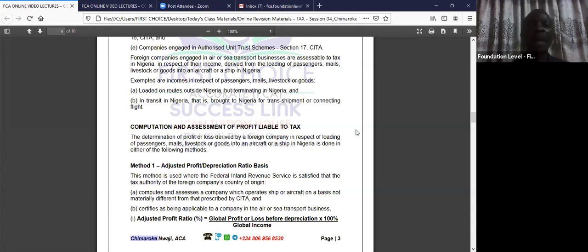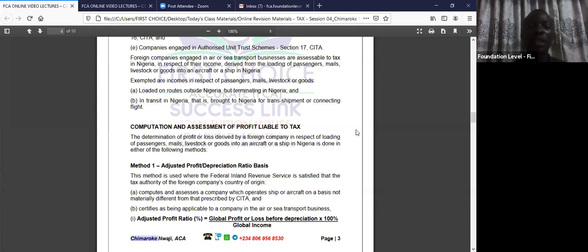Now, adjusted profit will become assessable profit when we now bring in loss. We now relieve your loss. When we relieve your loss, it becomes assessable profit. That means loss that you incur for the year from other businesses. Okay? So your adjusted profits and your assessable profits could be the same when there is no loss.